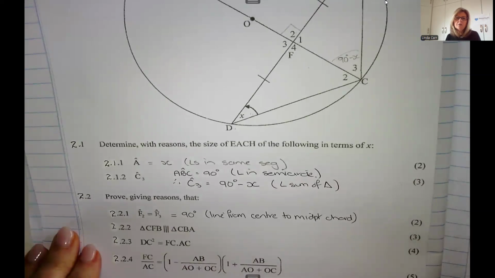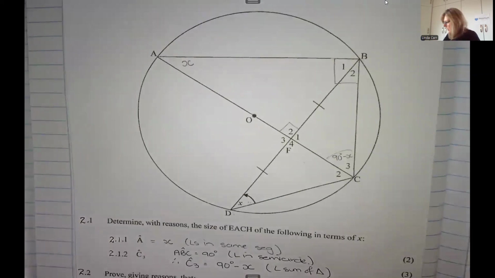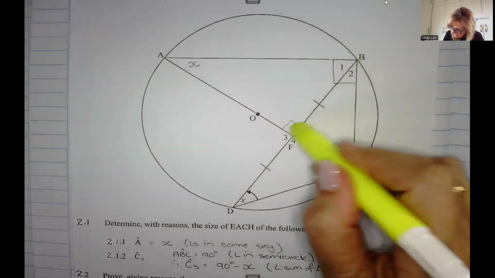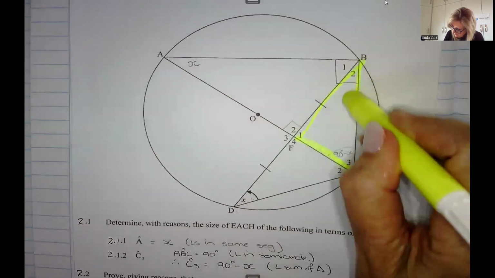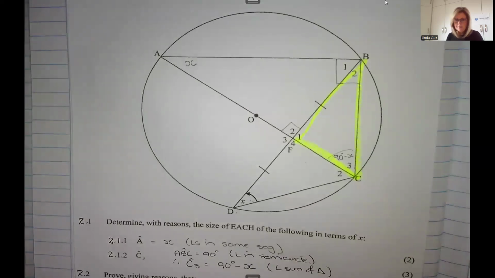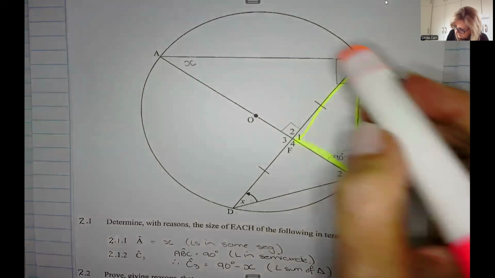Right, now I've got to prove similar triangles. Triangle CFB, and I'm trying to prove that that is similar to triangle CBA.